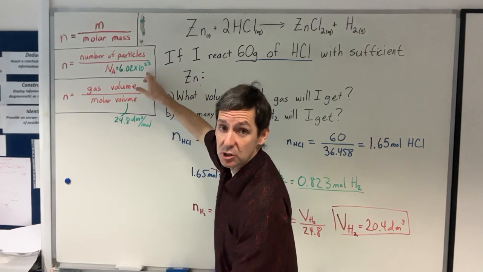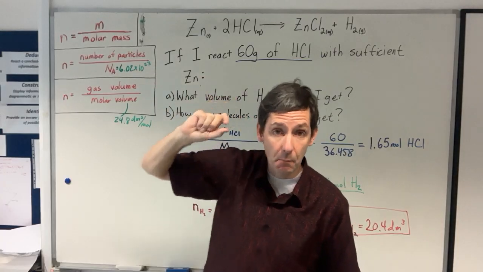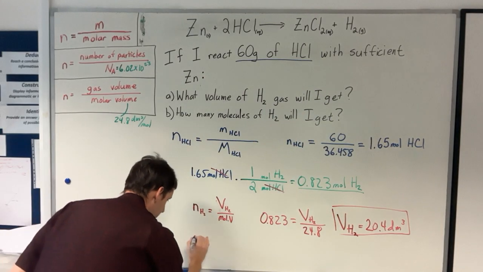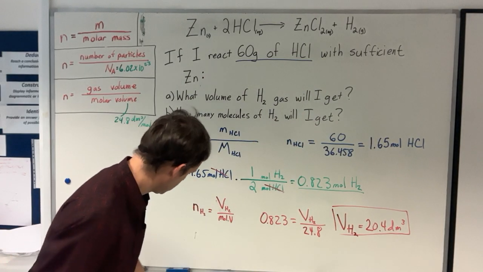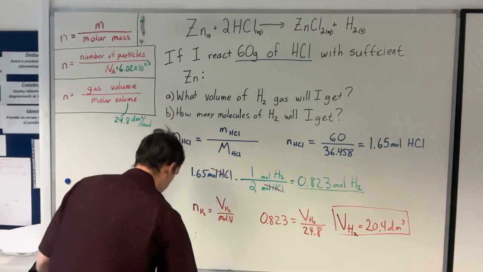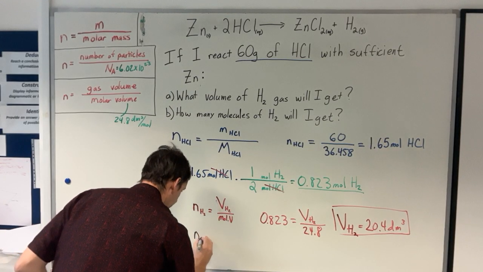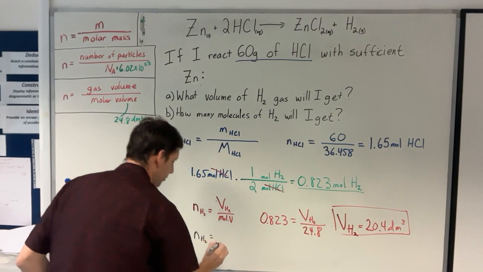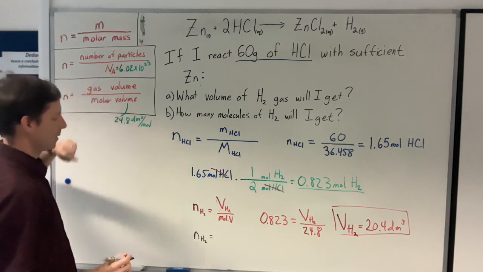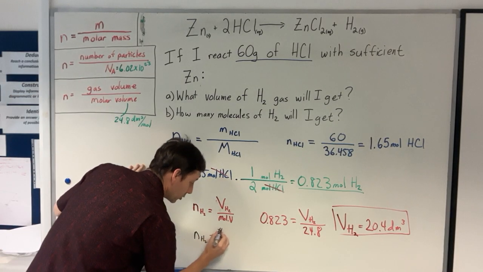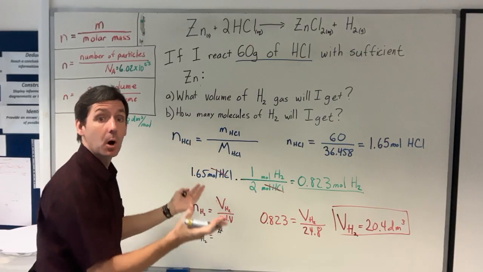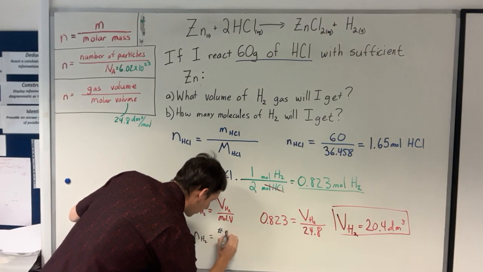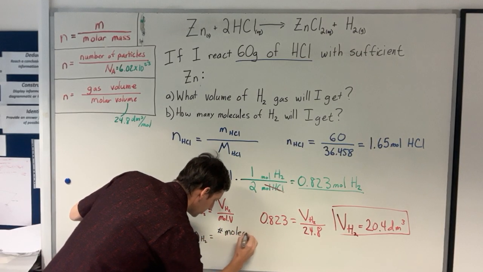So I'm going to write down this equation right here. The moles of H2 will equal the number of particles, and the particles in this case are molecules. So I'm going to write down number of molecules.